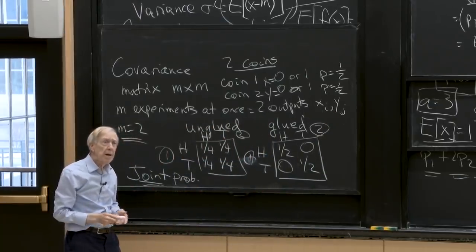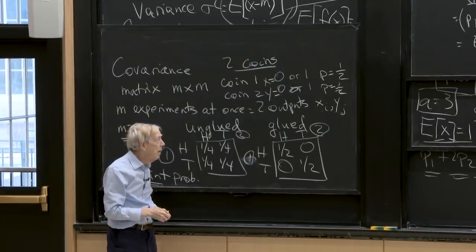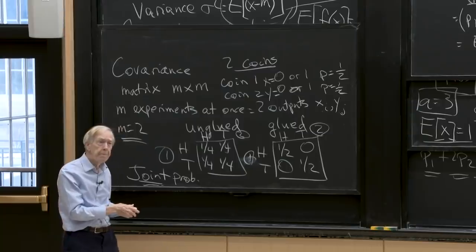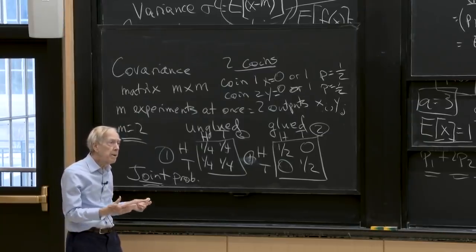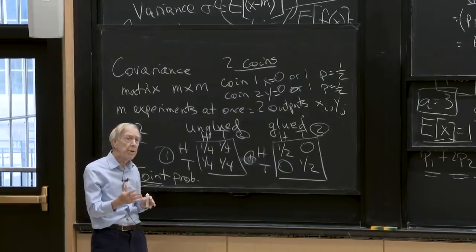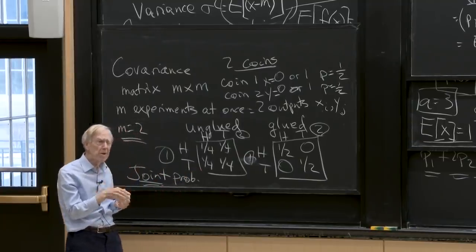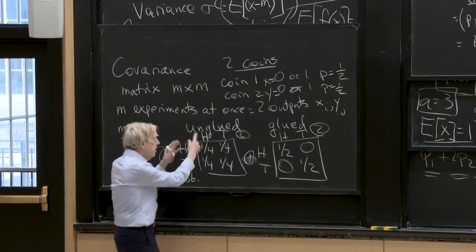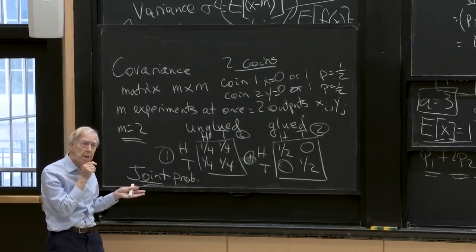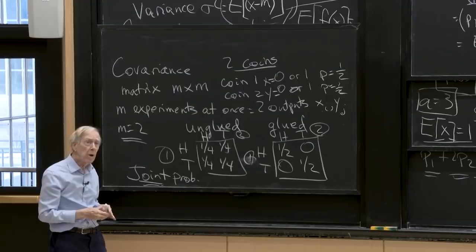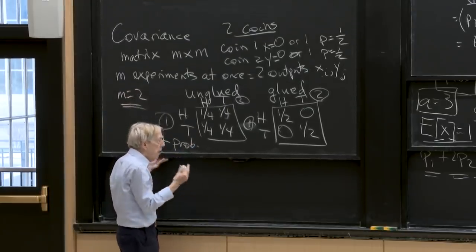So suppose we were running 3 experiments, so what would be the situation if I was running 3 experiments with 3 independent fair coins? So I'd be in this unglued picture, but I would have 3 different experiments that I'm running. Then what would I be looking at?